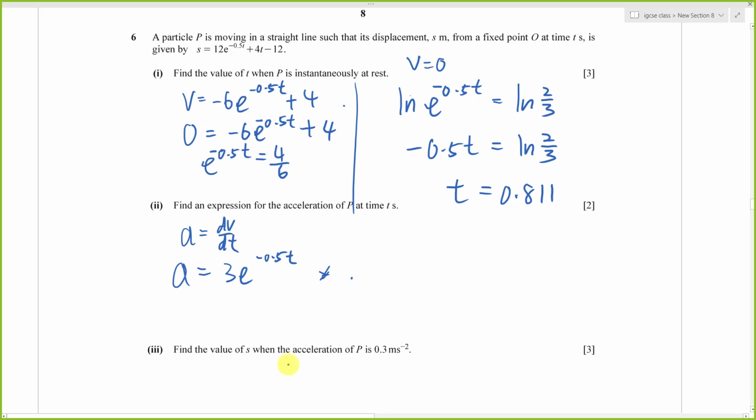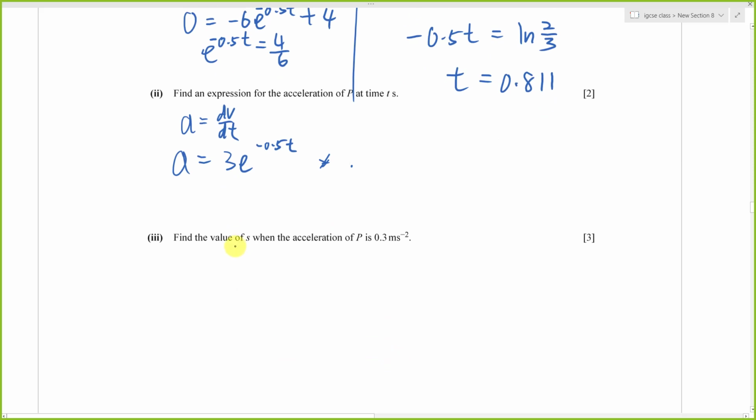Then find the value of s when the acceleration of P is 0.3. I want to find s when a is this value, so a equals 0.3. If I sub the a equation into s, I cannot find s. But if I sub a into here, I will be able to find t. Then I use the t value and sub back into the s equation.